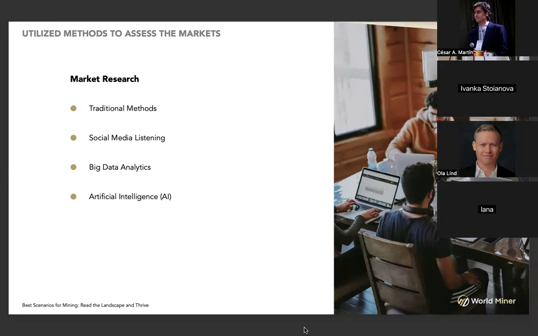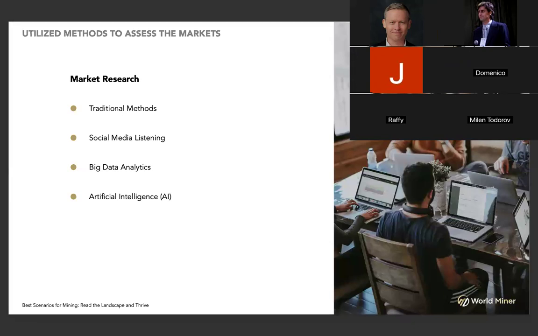And then the new star in the room, artificial intelligence: AI-powered tools that can automate data analysis to identify market opportunities and even predict consumer behavior with much greater accuracy. And this is where many things are leading now and in the future.